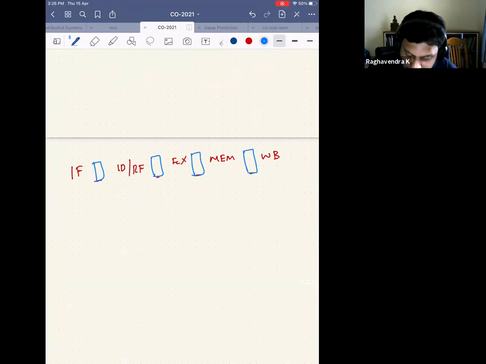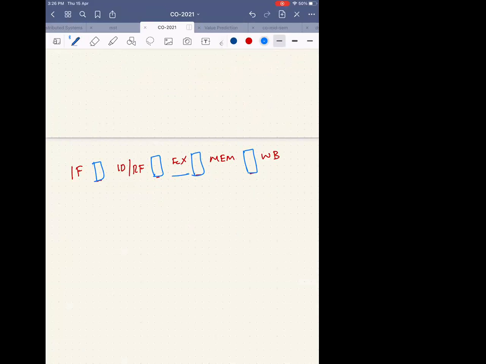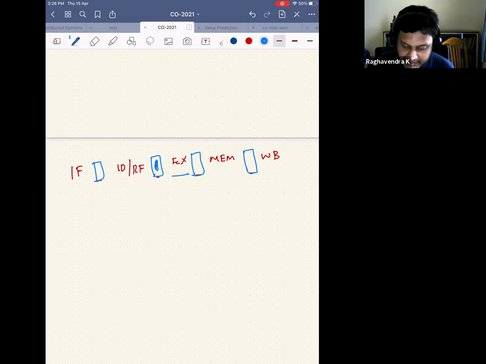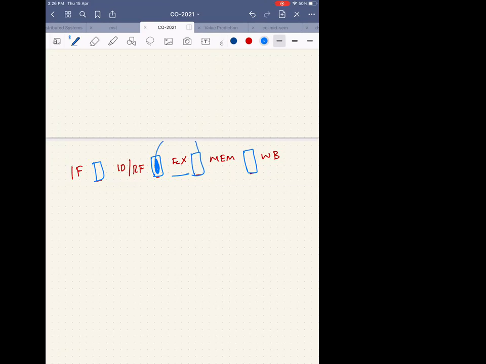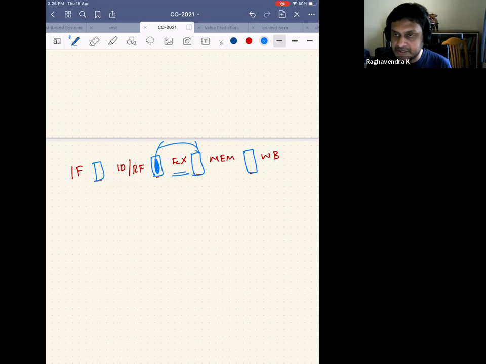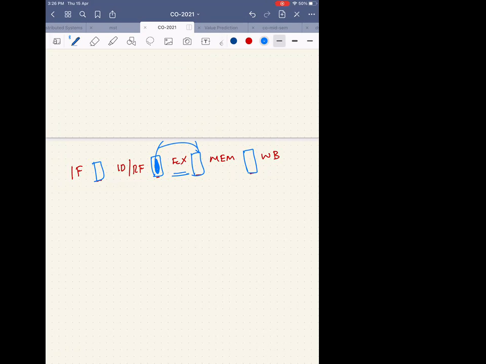If the execution unit is taking 3 cycles, can I allow the second instruction to continue? No, because there is something sitting here. It will be moved here only after this execution is done. So it will automatically stall if it needs to.